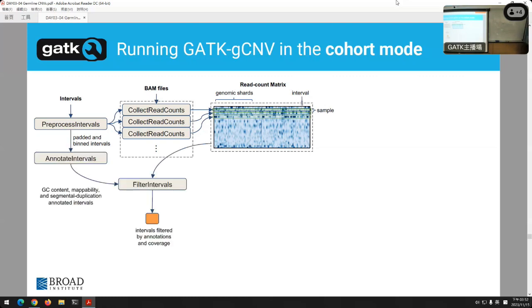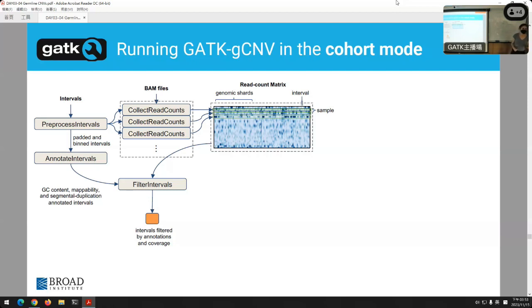Then we go back to our intervals list. We annotate it with the GC content, mappability, and whether that region is a segmental duplication. And we use those annotations as well as our coverage matrix to filter intervals. So we filter out the ones that are very repetitive or that have extreme coverage where we don't think we're going to be able to produce high quality CNV calls.